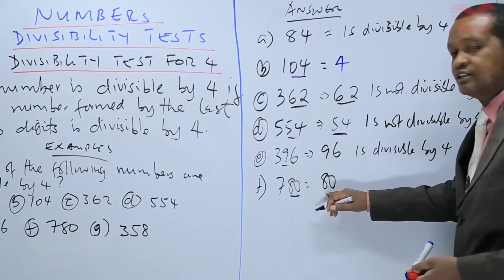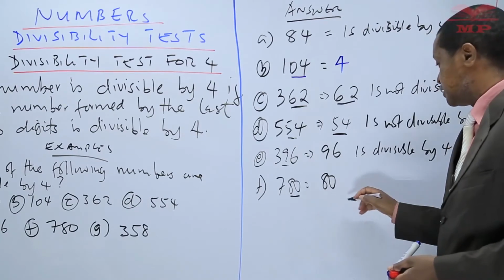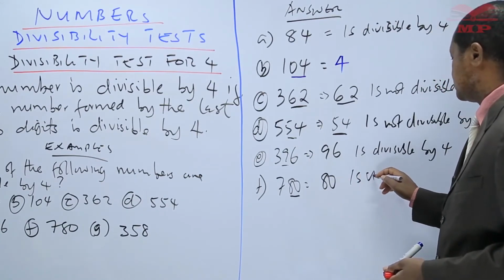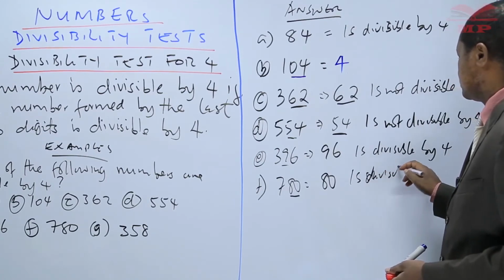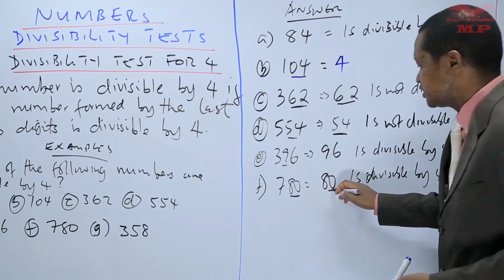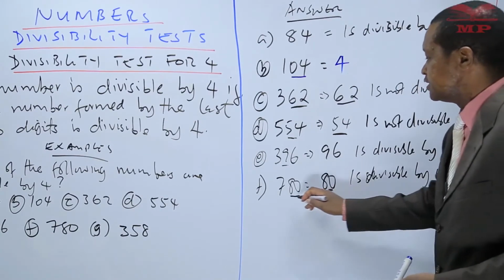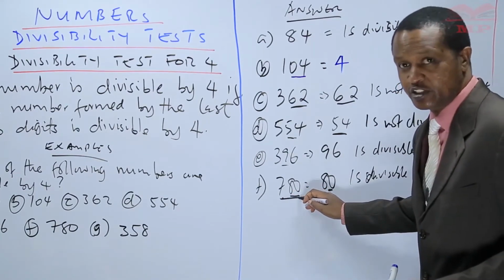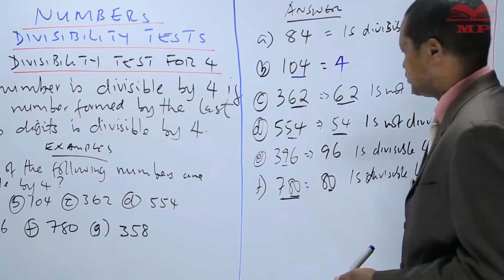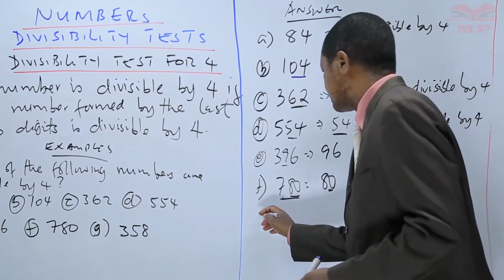So is 80 divisible by 4? Yes, 80 is divisible by 4. And if 80 is divisible by 4, then 780 is divisible by 4.